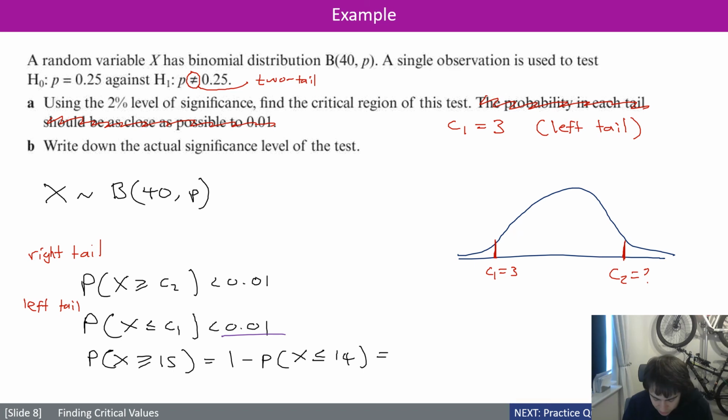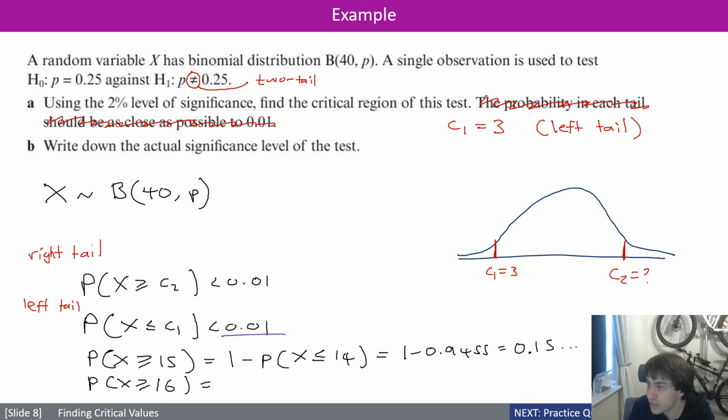Number of trials is still 40, p is still 0.25, and for x I put in 14, I get 0.9455. So 1 minus that is about 0.15. I'm being approximate here because I just want to get close to 0.01. Clearly too big. Okay, let's try 16.